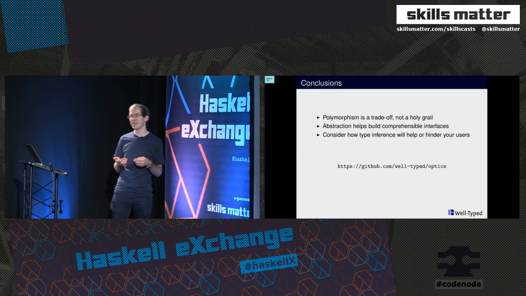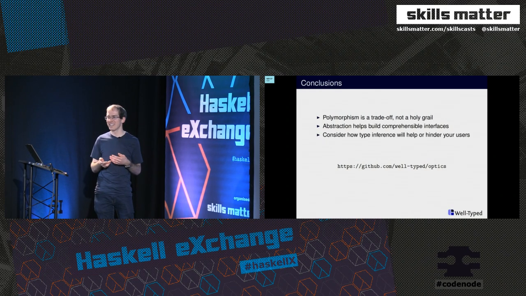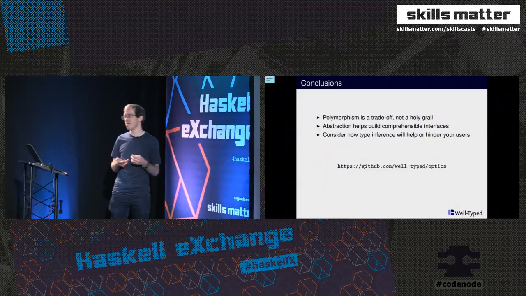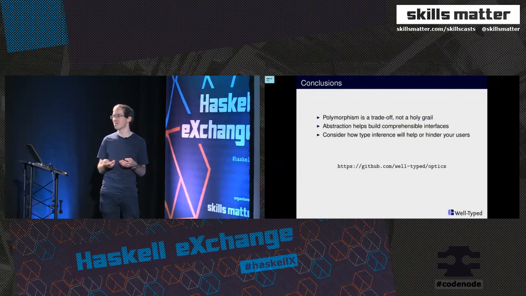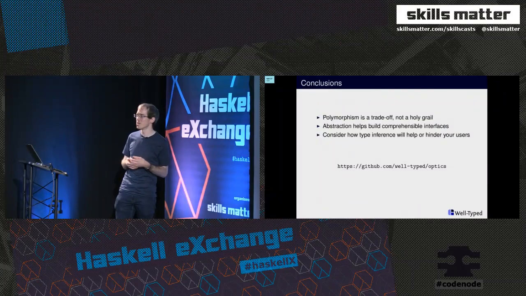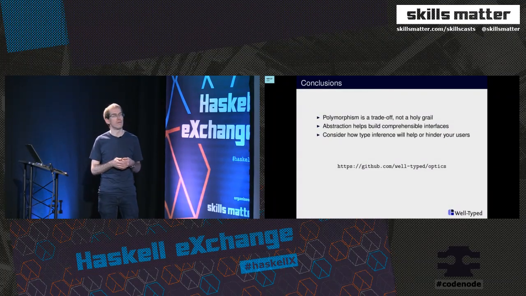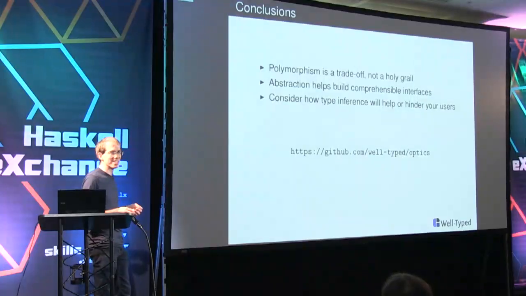That by gaining the expressivity and flexibility the additional polymorphism gives you, you also lose in terms of type inference and in terms of just understanding what's going on, in terms of simplicity. And so thinking about the abstract interfaces that you're building, and whether sometimes it's worth making more distinctions and losing a bit of polymorphism in order to have a more comprehensible API, is something I think we need to be thinking about.